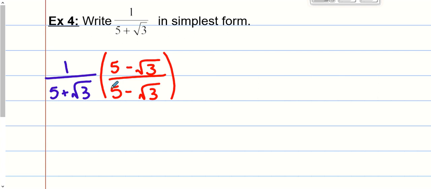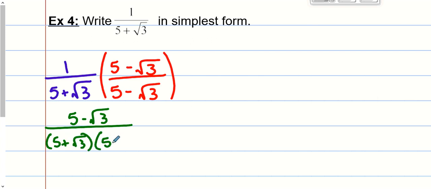So now, whenever I multiply, 1 times all of that is just the top, 5 minus the square root of 3. On the bottom, I now have 5 plus the square root of 3 times 5 minus the square root of 3. What we're going to have to do here is go and multiply using our box method.